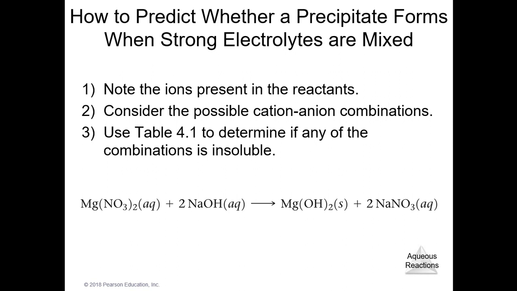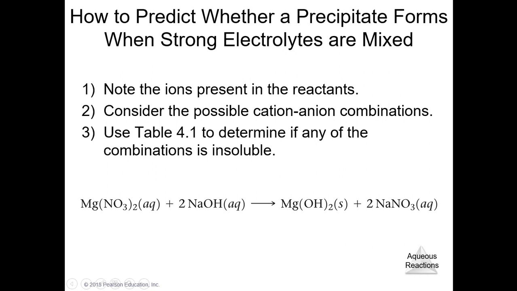This is showing you how you predict, when you mix two solutions, whether it's a precipitation reaction or not. If you want to see a precipitation reaction, for sure you look at the solubility rules. Magnesium nitrate is soluble because you have a soluble anion. What is the soluble anion? Nitrate.